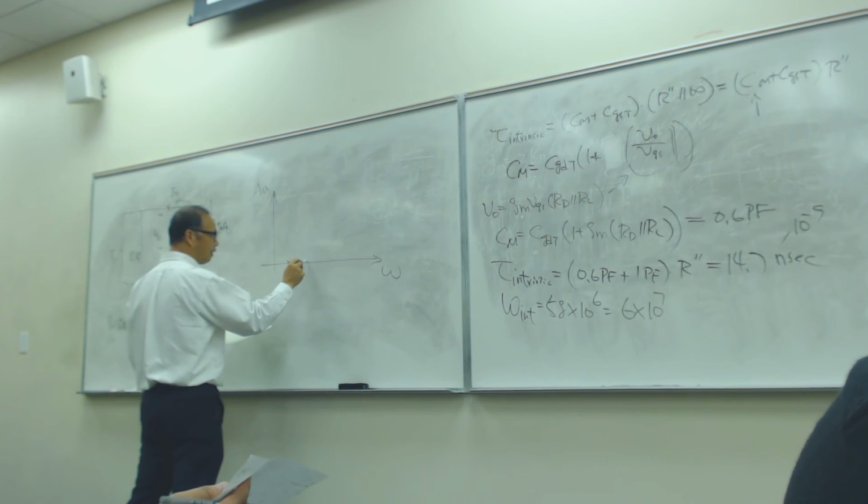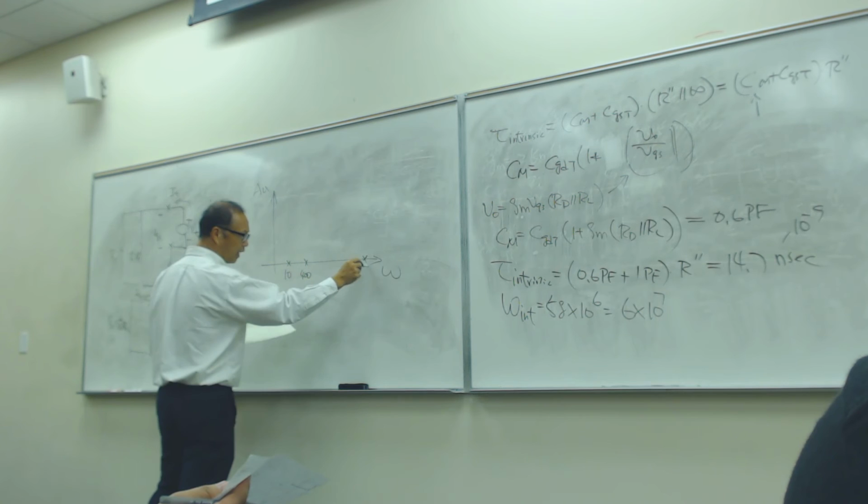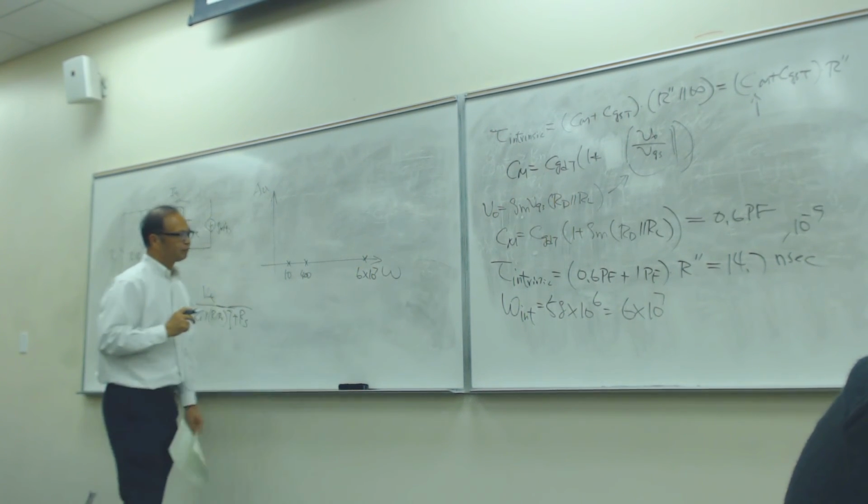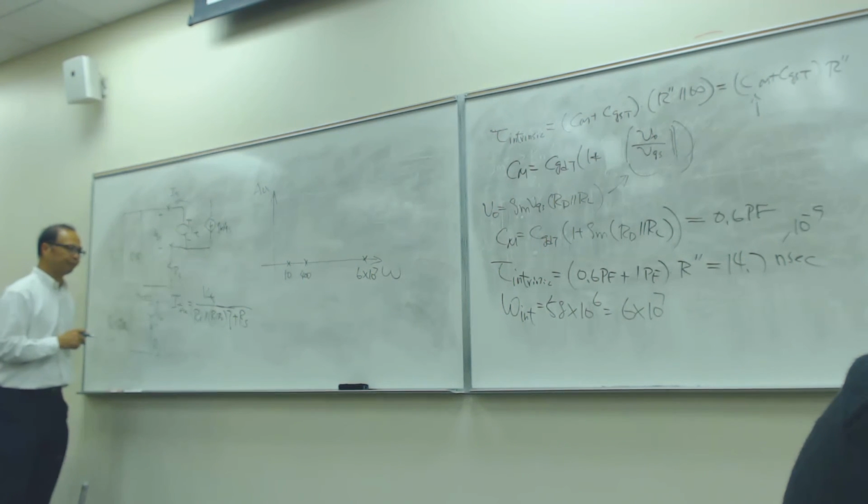Second one? 100, all right. So this one is 6 times 10 to the 7. Okay, so there are 3.